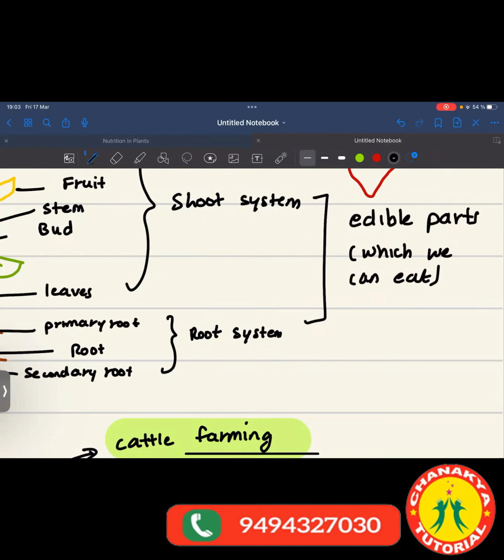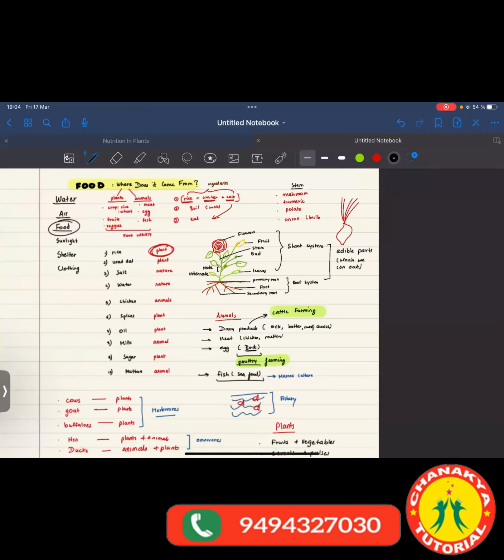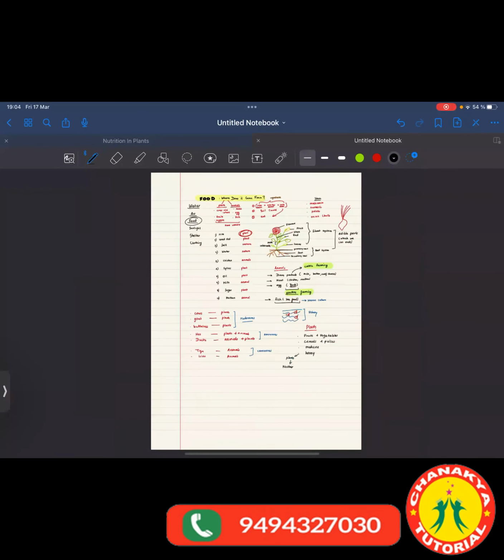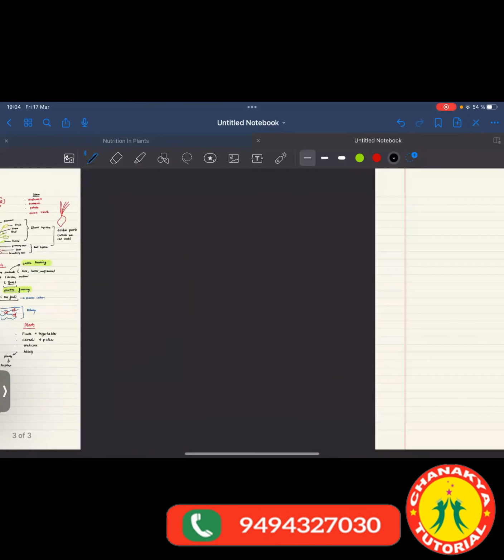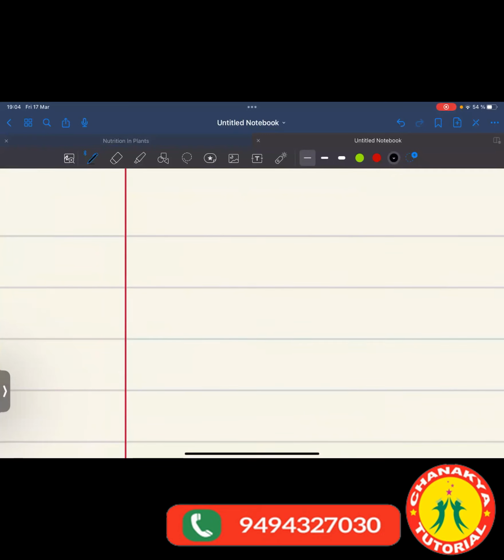All right. So now let's look at seed structure. Now you very much know, first you will sow the seed.